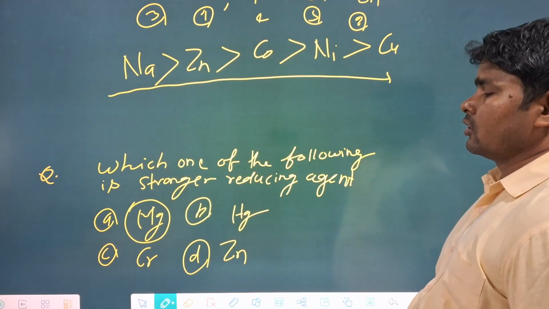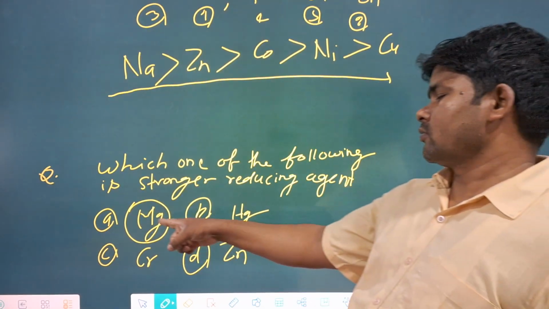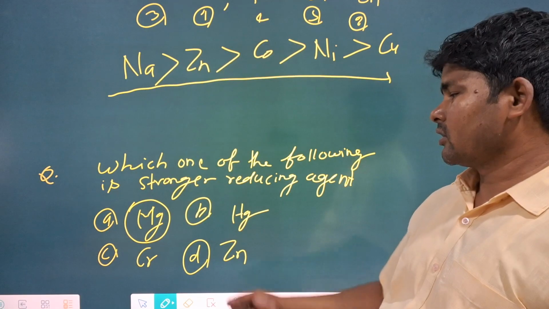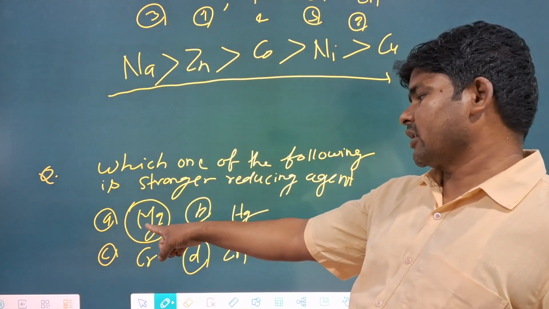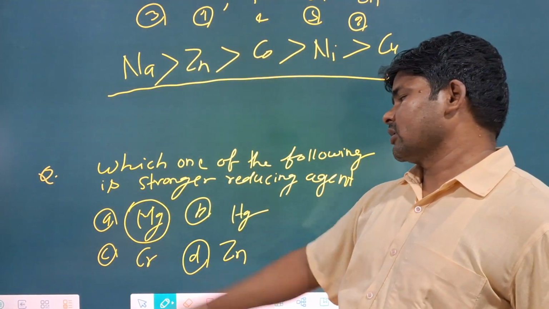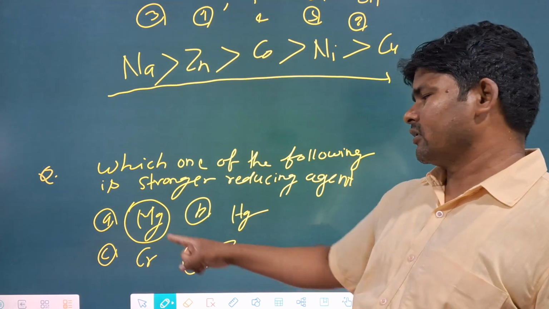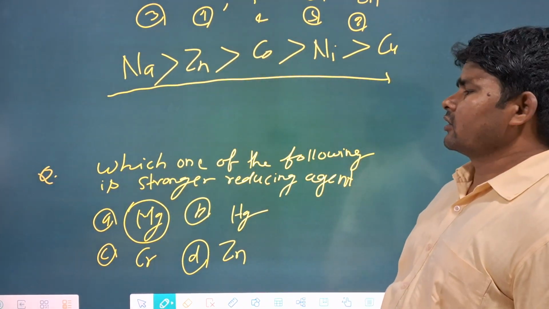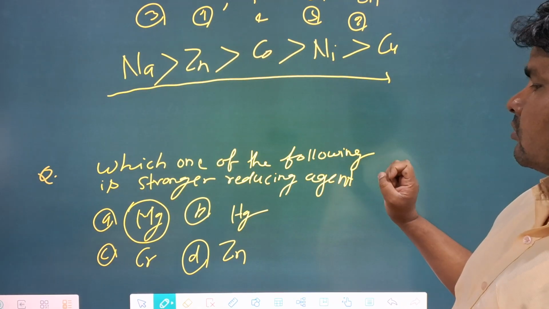Therefore magnesium is the highly reducing agent because magnesium contains the lowest value of reduction potential.